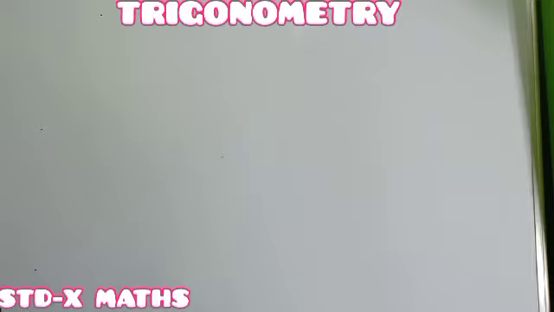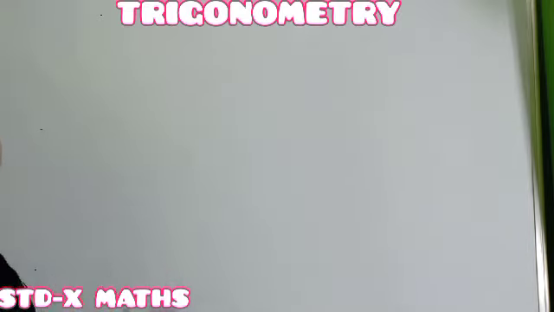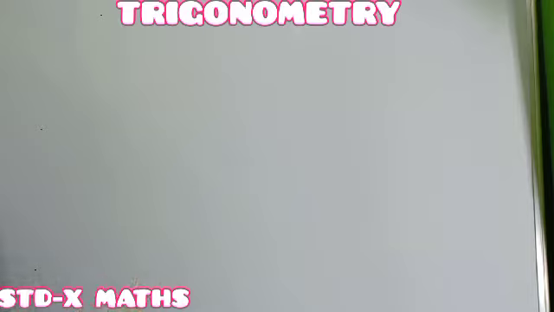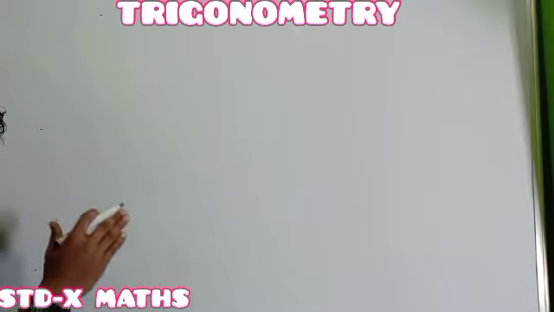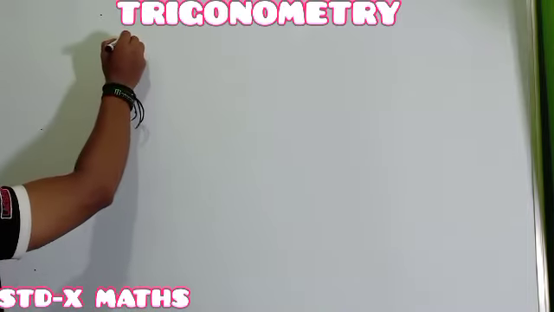Now remember, if the question is given just like this, apart from specific angles, where you have to solve the expression without any specific angles, without complementary angles, and here it is the common angle.